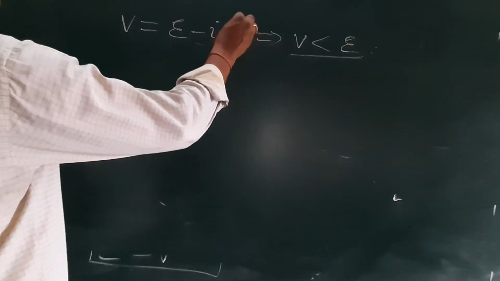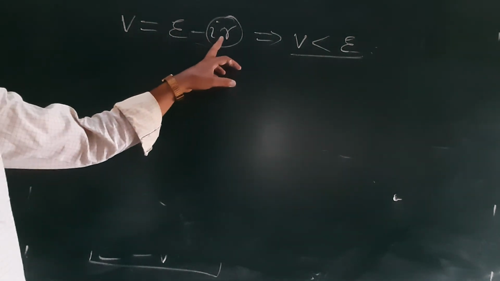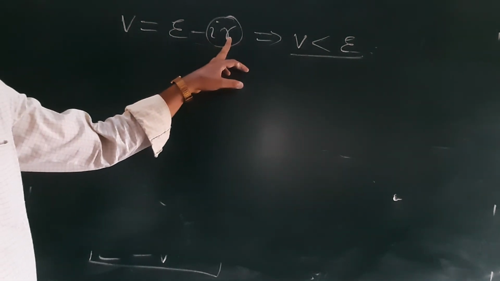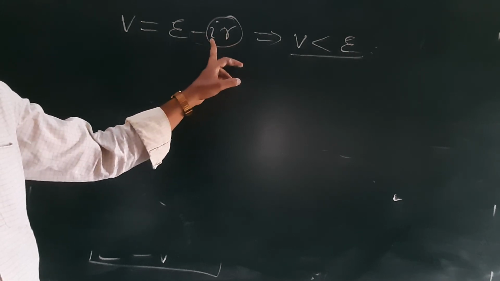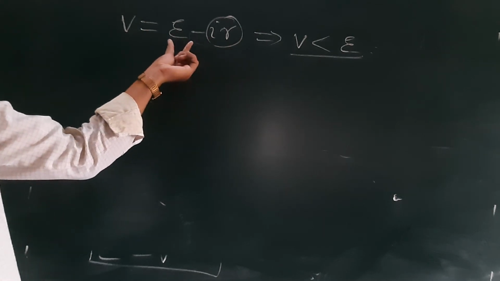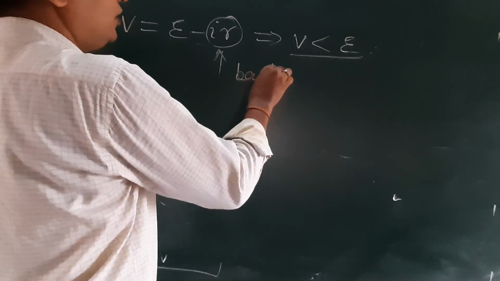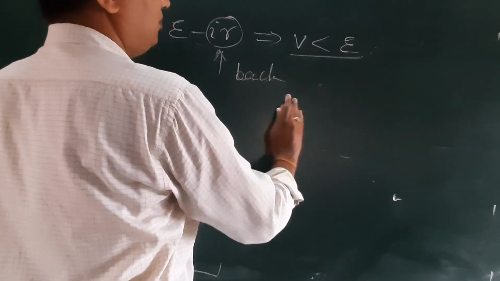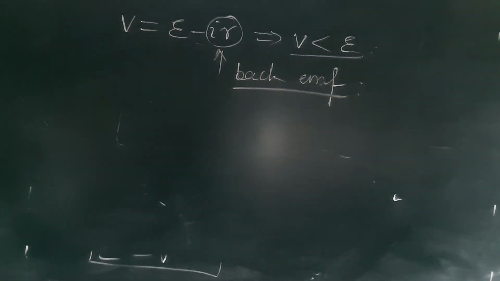This is the potential drop within the internal resistance, means the potential drop inside the electrolyte between the two electrodes. This is opposing the EMF of the cell. Therefore, this is also called back EMF. That's it.